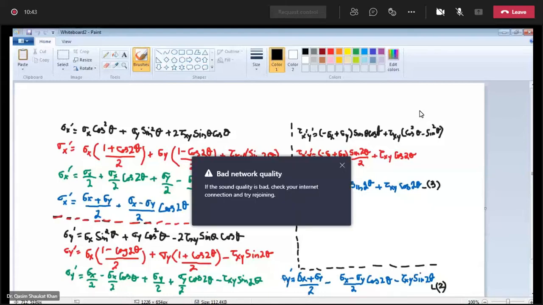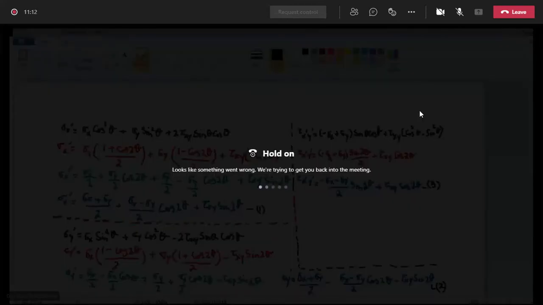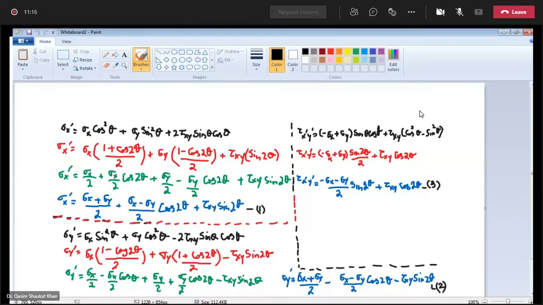So this is now the second expression, with which you can calculate the normal stress about the transformed y dash axis by just putting the values of sigma x normal stress, sigma y, shear stress tau xy, and theta.